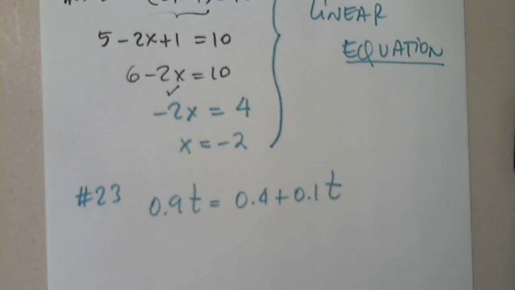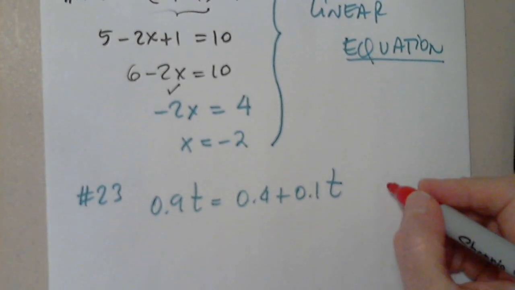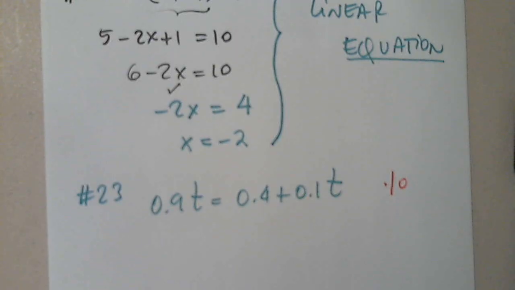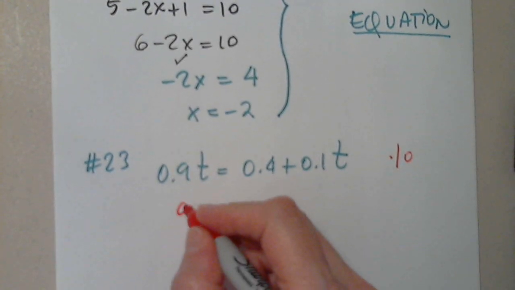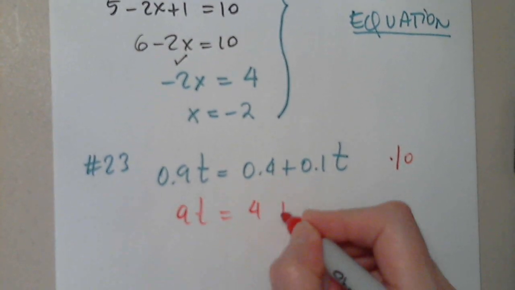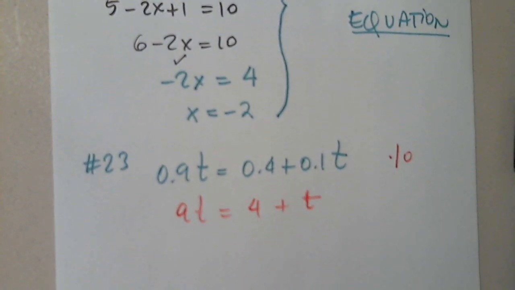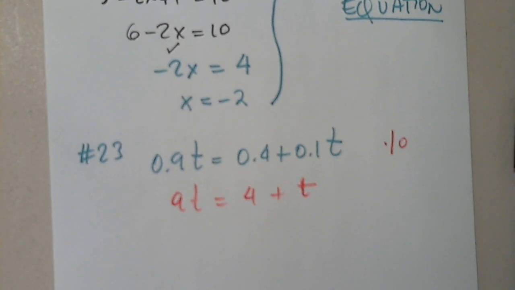First, you multiply both sides by 10 to get rid of the decimals. Okay, that's not a bad idea at all. Good. So then I have 9t equals 4 plus t. Awesome. Great job. Good. Our next step. Thank you.